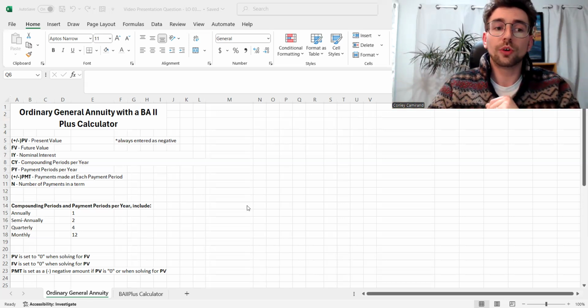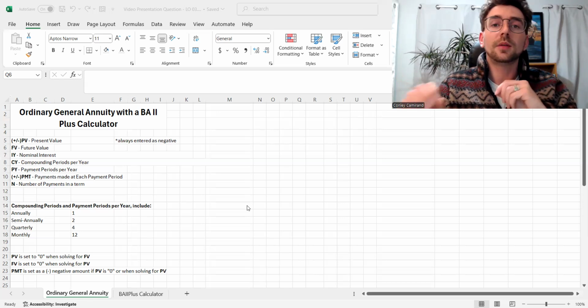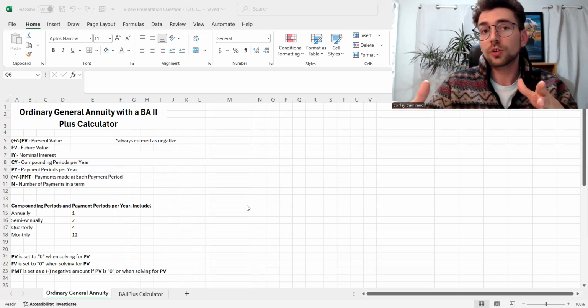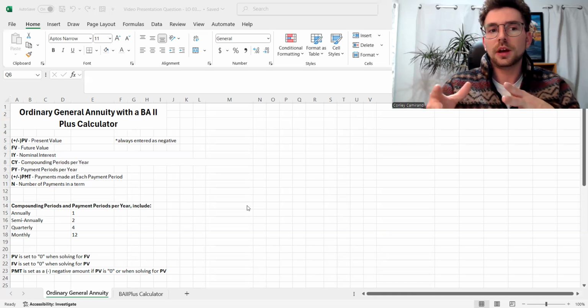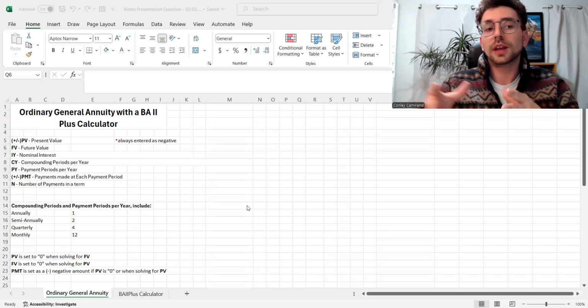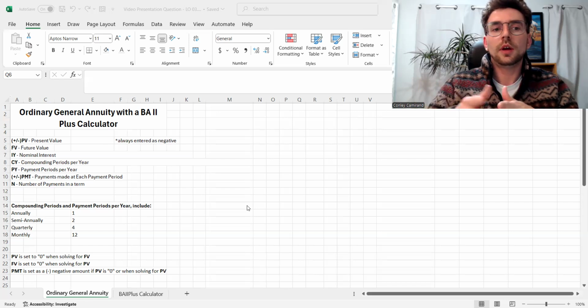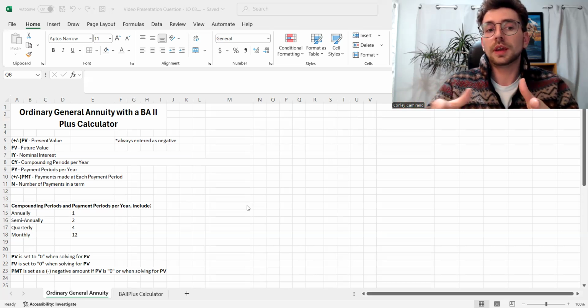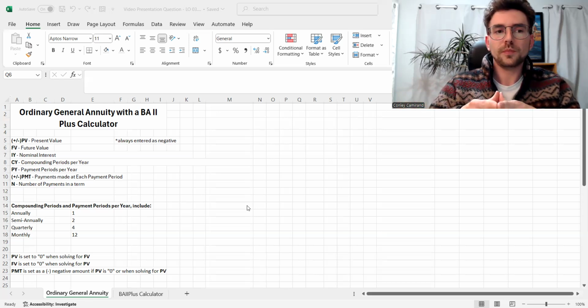Next we're going to go over compounding periods and payment periods per year and what those values include, which is how many times the interest rate gets compounded throughout the year and how many payments get paid throughout the year.